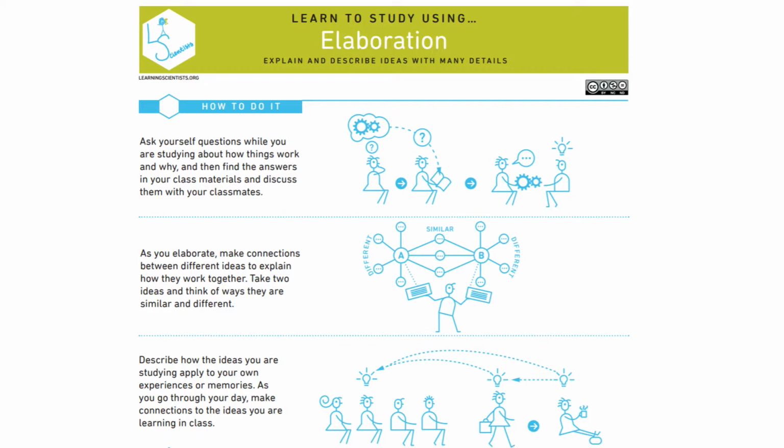What is elaboration about? Elaboration is asking yourself why or how something works. In computer science, for example, you're told that MAC addresses, that's a media access control address for any device on a LAN, is 48 bits, 48 binary digits. However, it's stored in hexadecimal. Well, why is that?